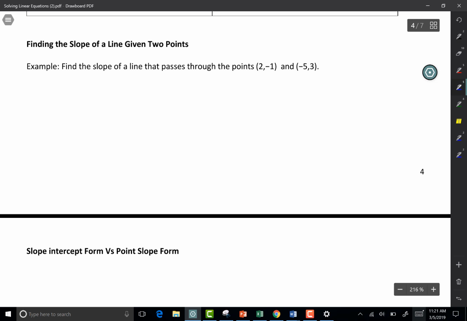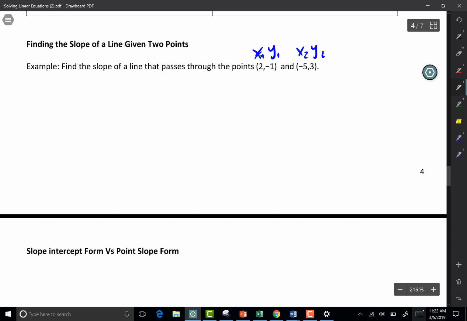Okay, let's look at an example here. It says, find the slope of a line that passes through the 2 points, (2, -1) and (-5, 3). So if I think of this as my first point, x1 and y1, and I think this x2, y2, and I remember my formula is the change in y over the change in x, or another way we can write it is y2 minus y1 over x2 minus x1. y2 minus y1, that's 3 minus a -1.